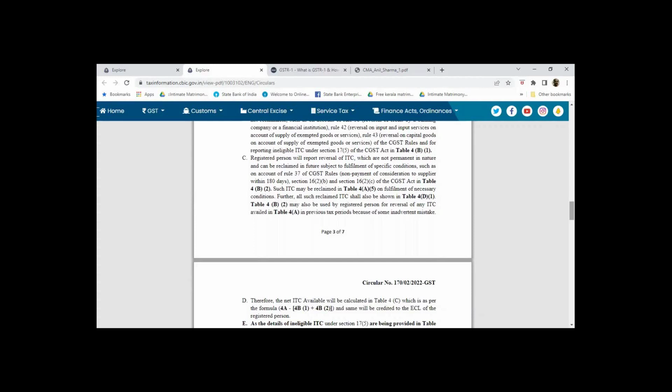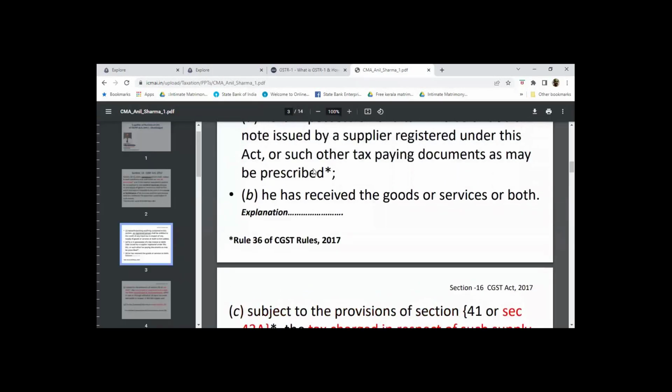For example, Rule 37 of CGST rules, which is non-payment of consideration to supplier within 180 days, Section 16 subsection 2 clause B and Section 16 subsection 2 clause C of CGST Act in Table 4B2.